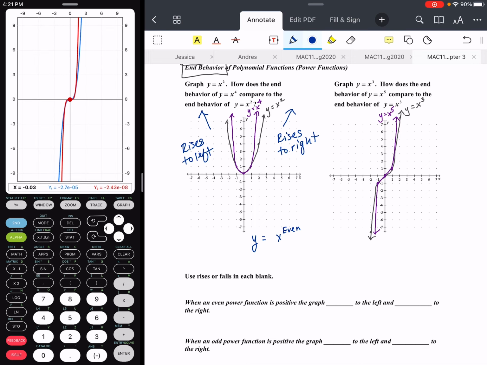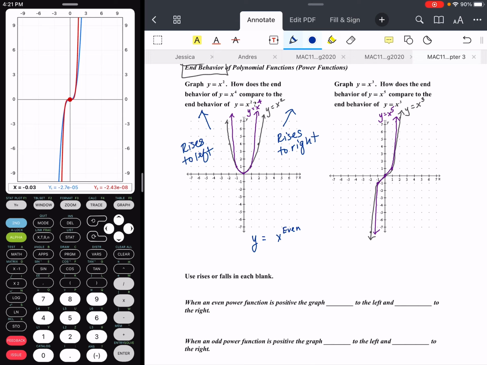Okay, so the blue one is y equals x cubed, and then the red one on the graphing calculator is y equals x to the fifth. Again, with the higher power, y just gets bigger faster, so it rises more steeply. And again, for end behavior, we're just talking about the behavior technically as x approaches positive or negative infinity as we go to the far right or the far left.